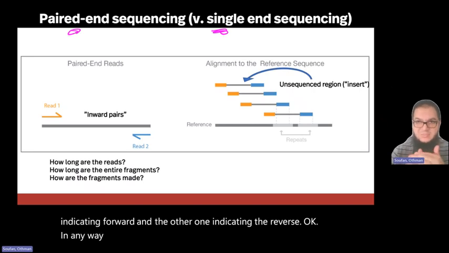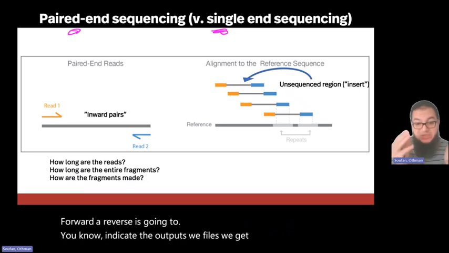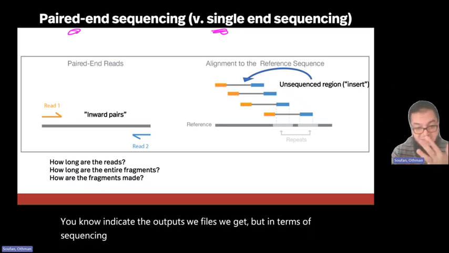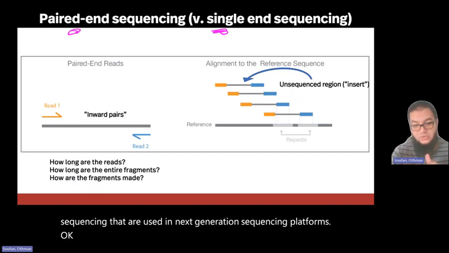This forward and reverse indicates the output files we get. But in terms of sequencing, we have paired end sequencing and single end sequencing, used in next generation sequencing platforms like those developed by Illumina.